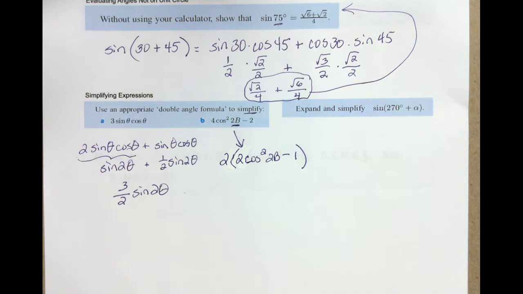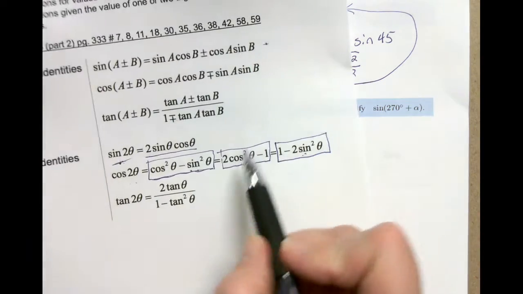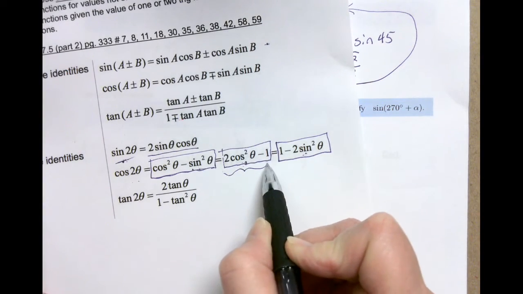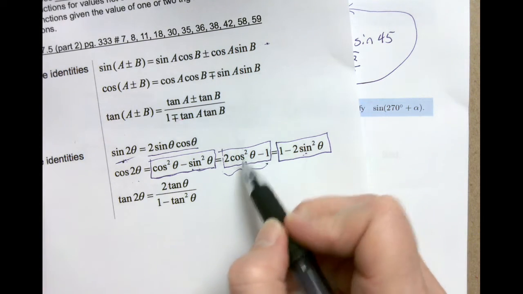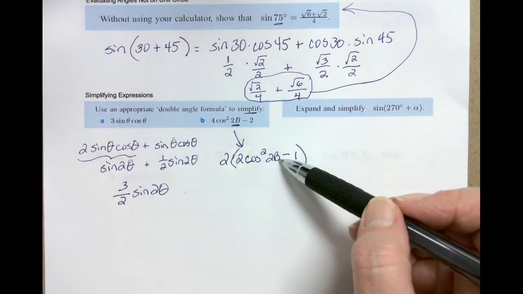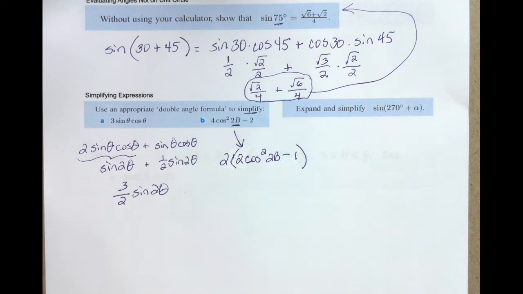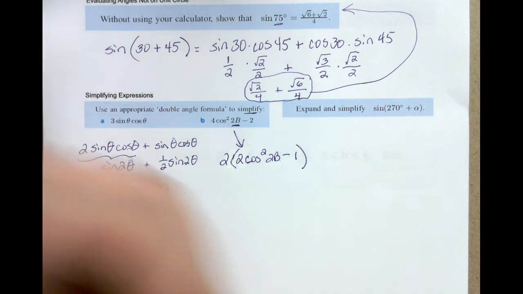Okay, so yes, first I just factored 2 out, and if you notice, that is very similar to this right here. But in this one right here, it doesn't say theta. It says 2b.